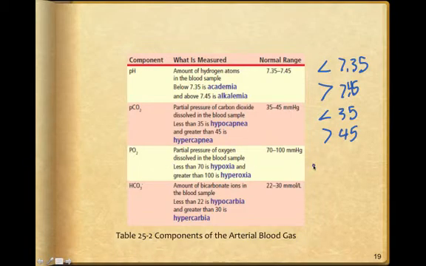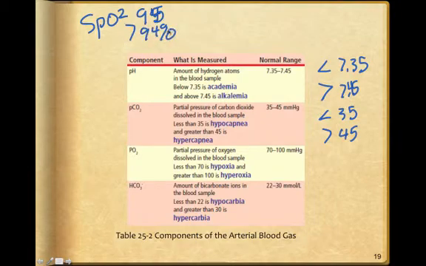PO2 level, 70 to 100 millimeters of mercury. We like to have people's SpO2, or their oxygen saturation, at about 94, 95 would be ideal. Greater than 94%, because then they're oxygenated, or what we would consider oxygenated.